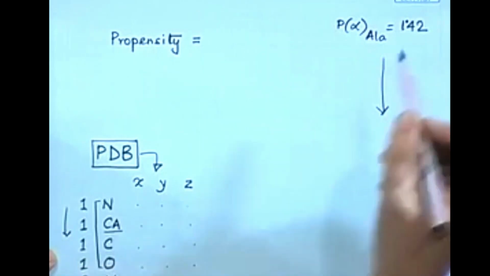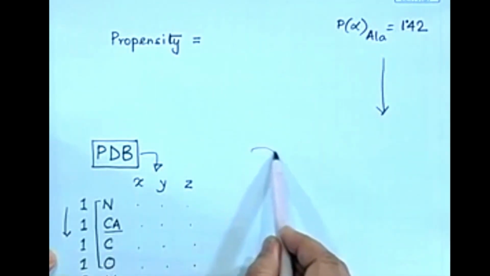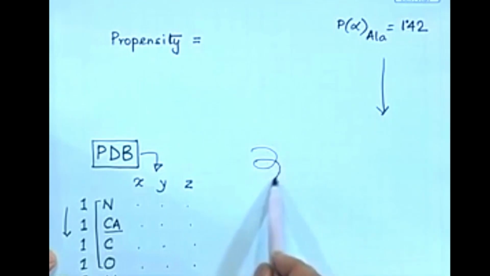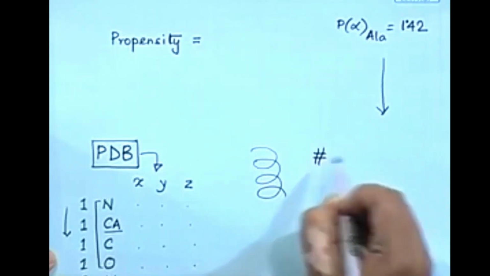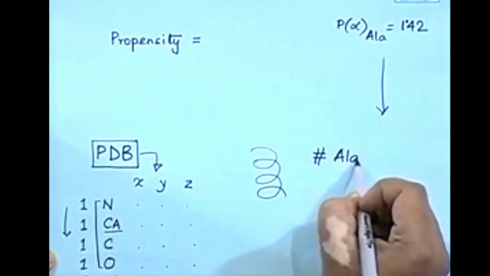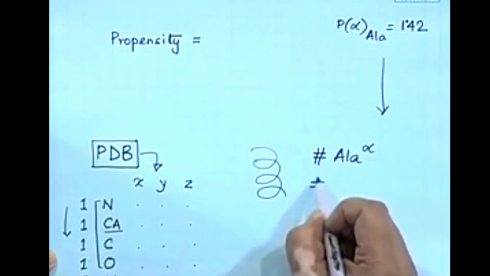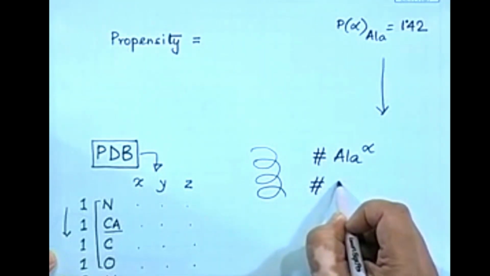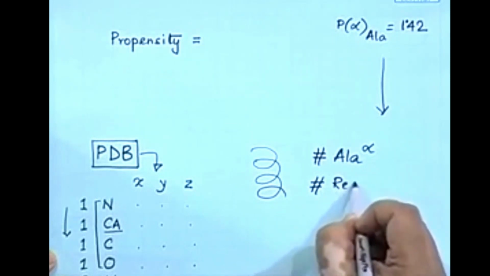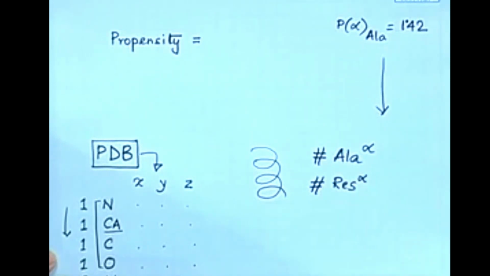What is that analysis? For the analysis that was done here, say you look at all the helices that are there in the proteins, right? And you count the number of alanine that are there in the alpha helix. You count the number of residues in the alpha helix, all the residues that are there in alpha helix only.